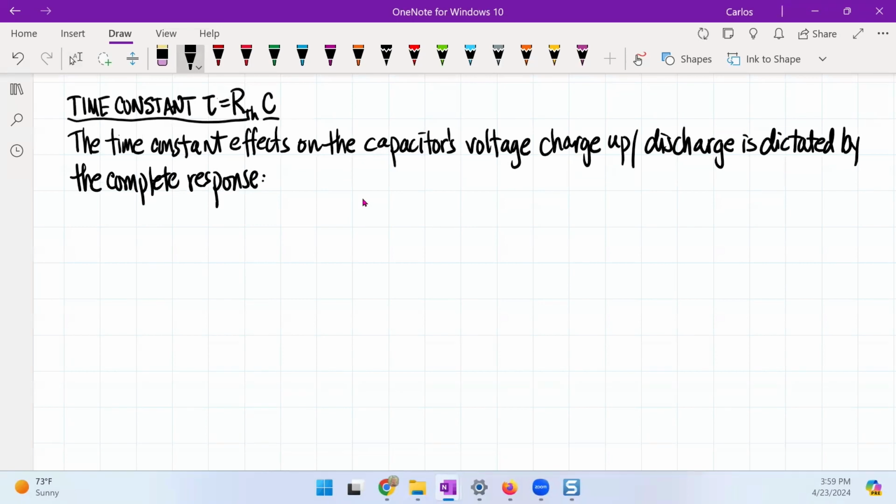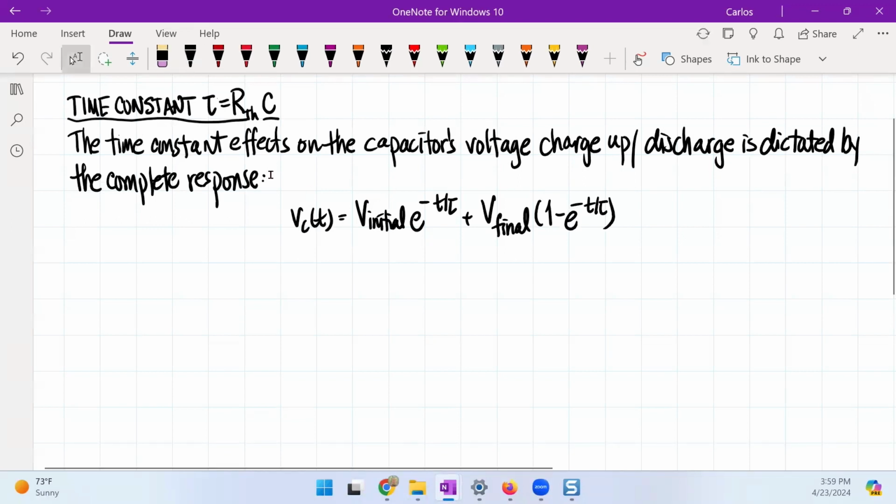In other words, we know that the complete response is then going to be V initial e to the minus t over tau plus V final times one minus e to the minus t over tau.